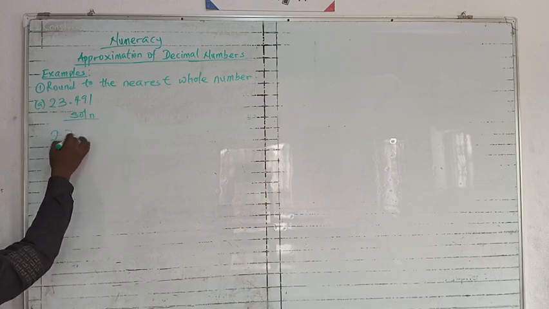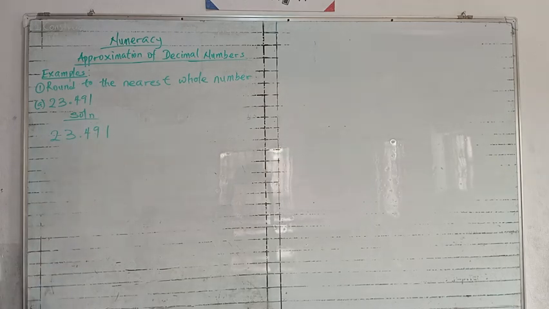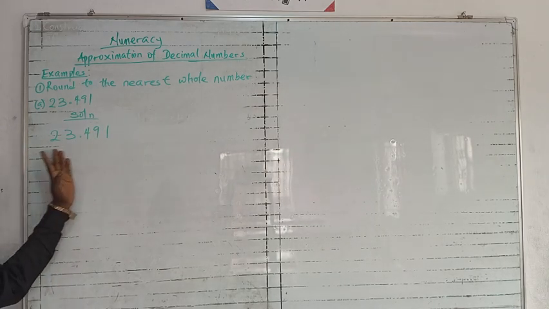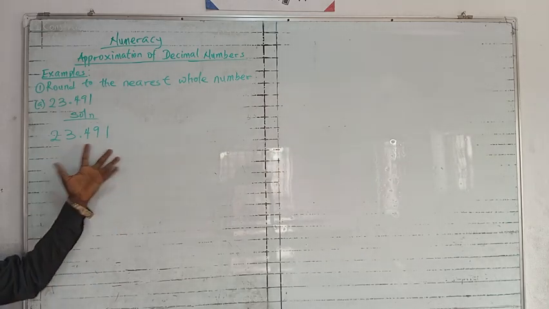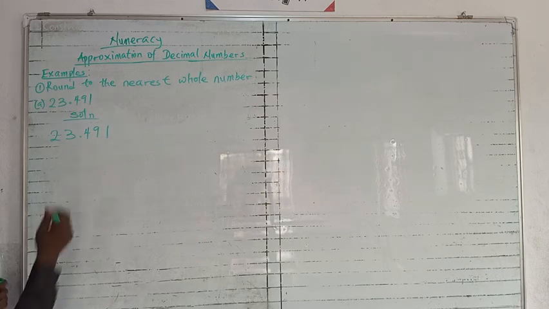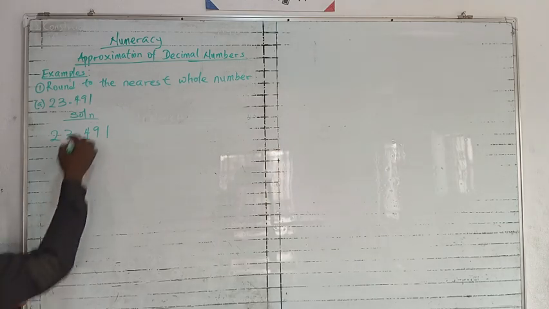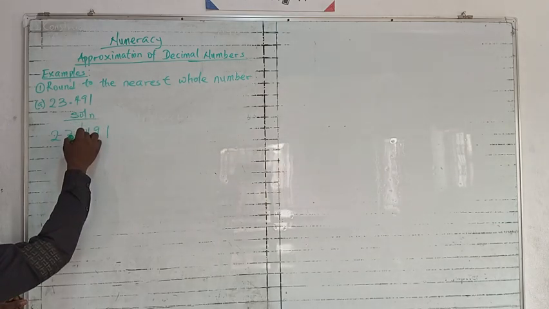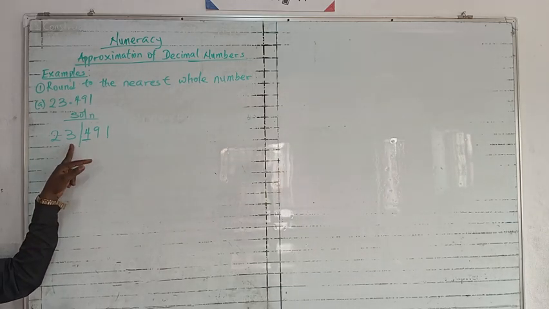So we have 23.491. If I want to round this number to the nearest whole number, no matter how big the number is, our point of concentration is simply at the number that is immediately after the decimal point. So we can simply have a straight line to count it as if we are cancelling out the decimal point.